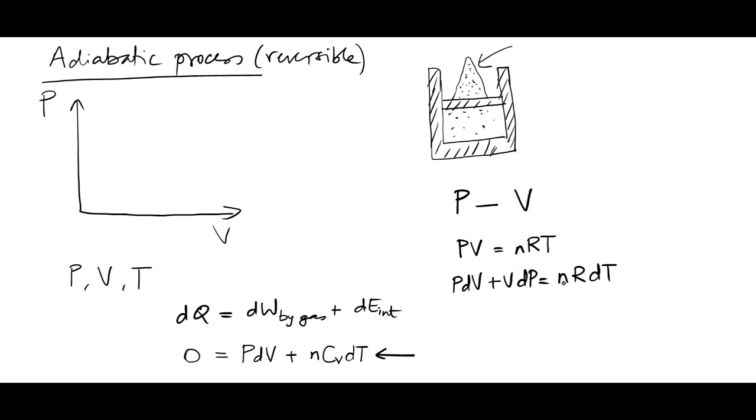Now you could substitute for n dT in place of the n dT over here. After you do that, and after you simplify things, what you get is (CV plus R) times P dV plus CV times V dP is equal to 0.